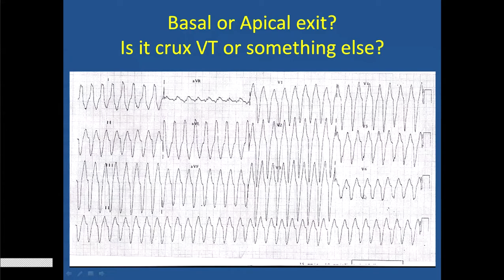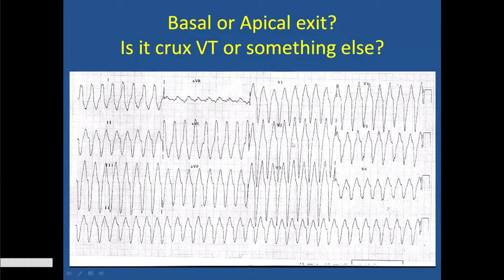So that says it is apical. And 2, 3, aVF is deep negative. Monomorphic deep negative suggests that it is coming from the most inferior surface of the myocardium. So inferior apical. It could be from the crux or it could be from the moderator band also.